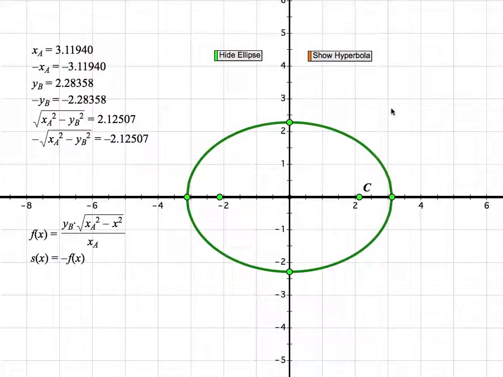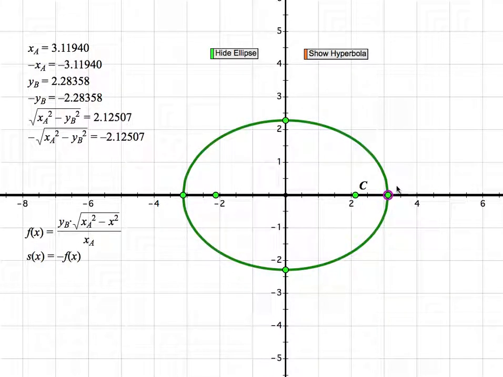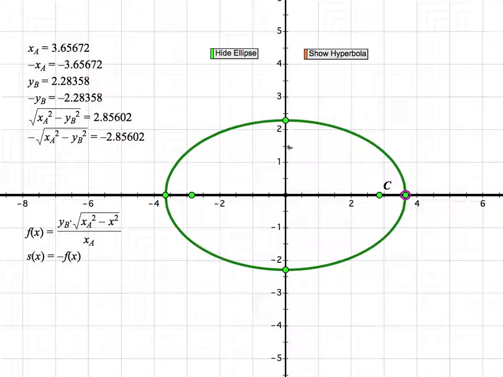an ellipse and the relationship between the A, the B, and the C. Now these are not labeled, but the x-coordinate of this point is our A, and it's the distance from the center to the vertex. These are vertices. This is a vertex, that's a vertex, and the A is always larger than the C. And the C is usually larger than the B, but that is not absolutely necessarily the case.